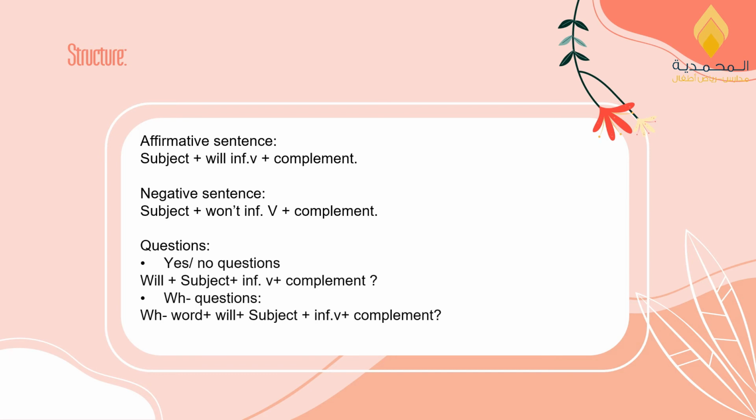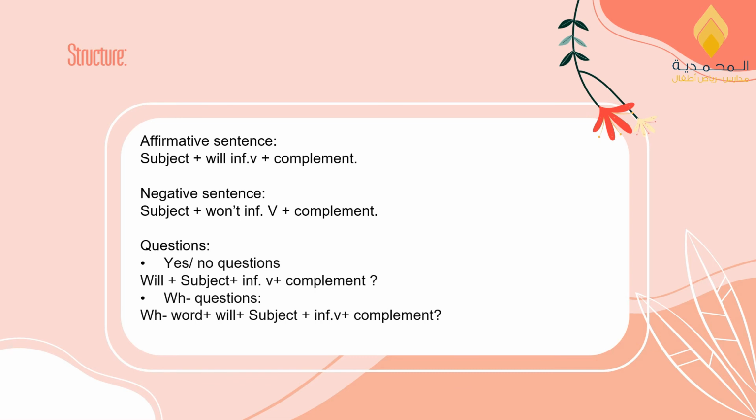The affirmative sentence is like any other regular sentence in English, starts with a subject, followed by will with the infinitive form of the verb and complement. Negative sentence, I have added not to the sentence, so will becomes won't.